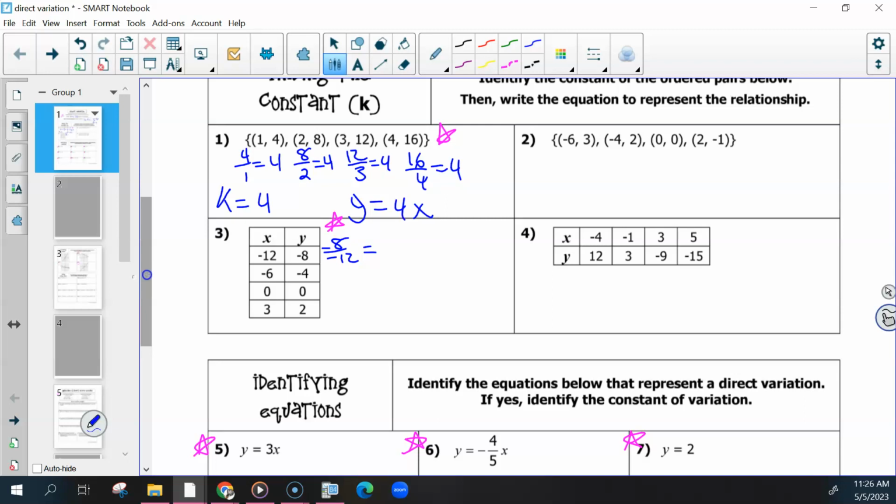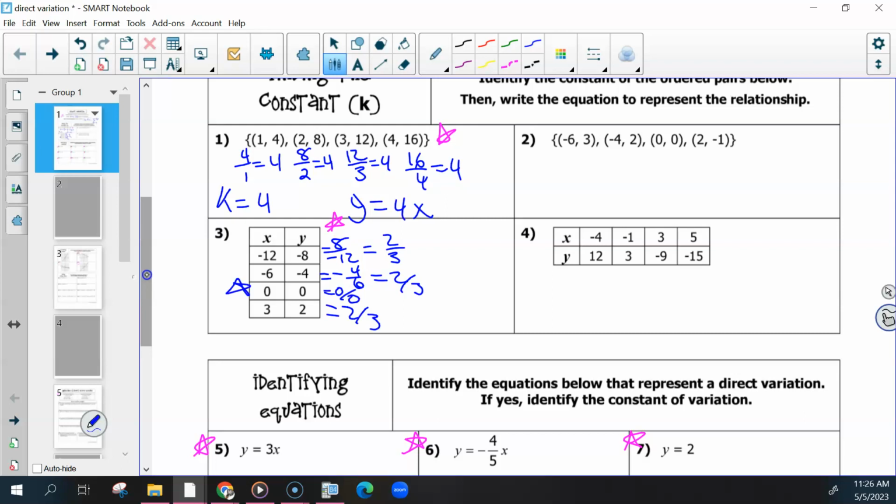Not 1/4, but it does end in a 4. 2/3, sorry. This is what I should have done. And then if you divide and simplify each of them, gives us 2/3. 0 over 0 does not. That's a special case. We'll come back to that.